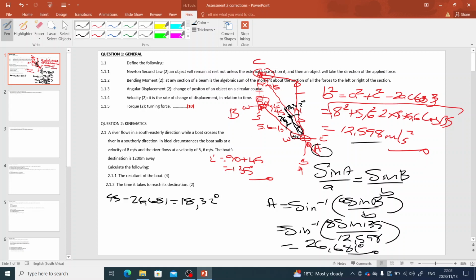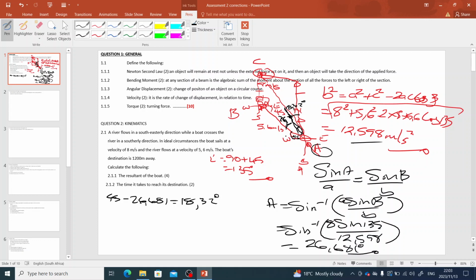In this case, your resultant is close to north, because from north to the resultant the angle of deviation is 18.32 degrees. Unlike when you start from west, it will be west 45 degrees plus 26.681 degrees.